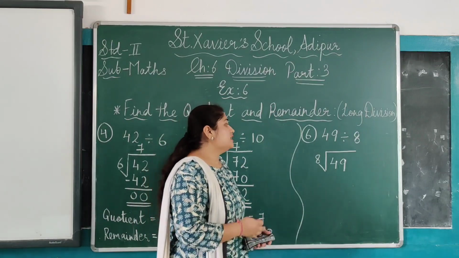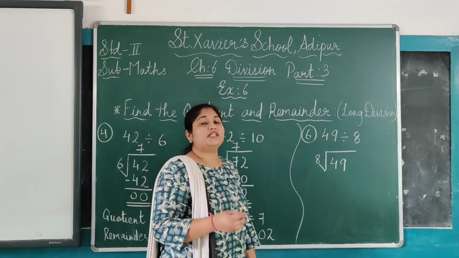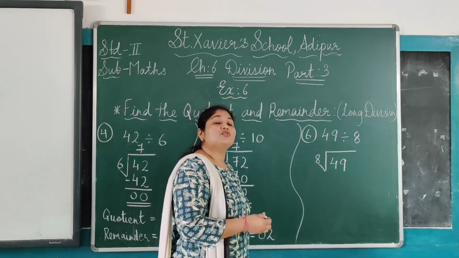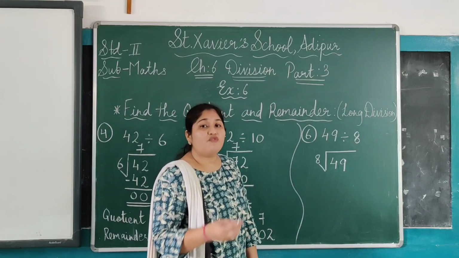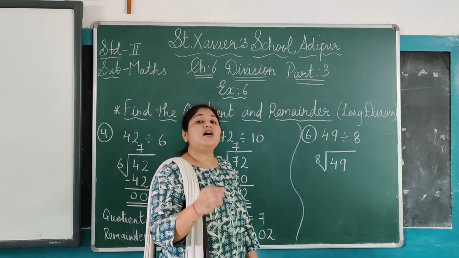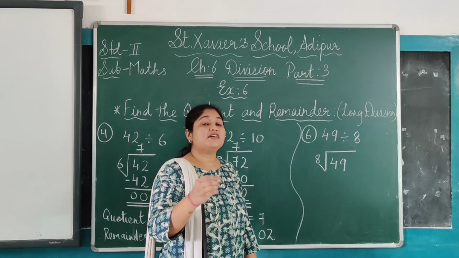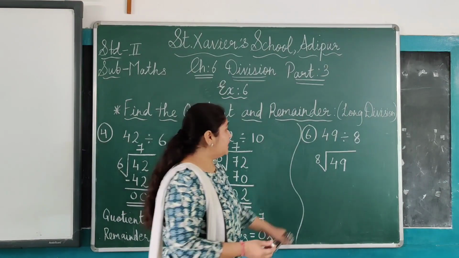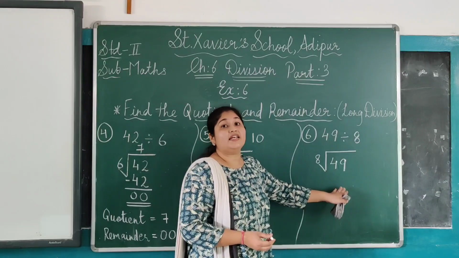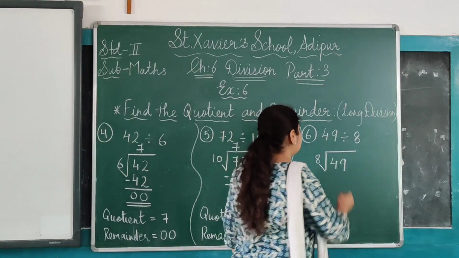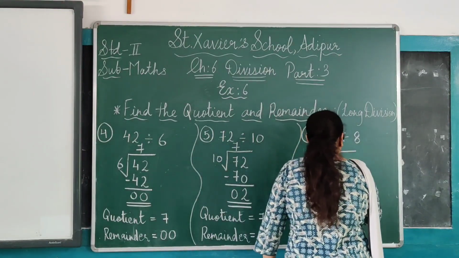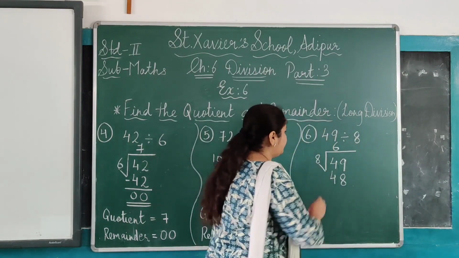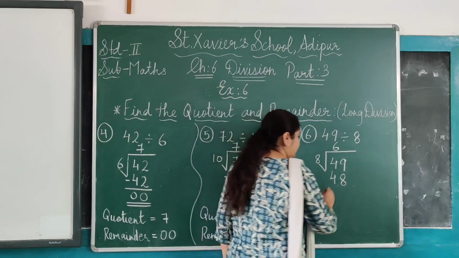Now my dear students, 8 1s are 8, 8 2s are 16, 8 3s are 24, 8 4s are 32, 8 5s are 40, 8 6s are 48 and 8 7s are 56. 8 7s are 56 हो गया. That we can't take here. Then 8 6s are 48, right?